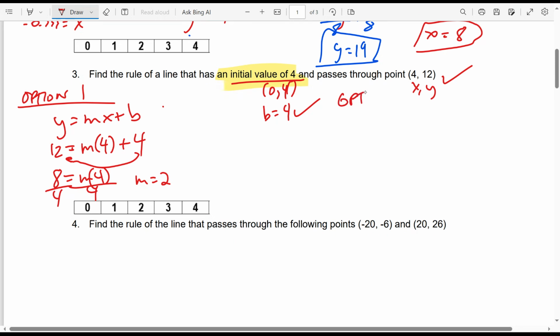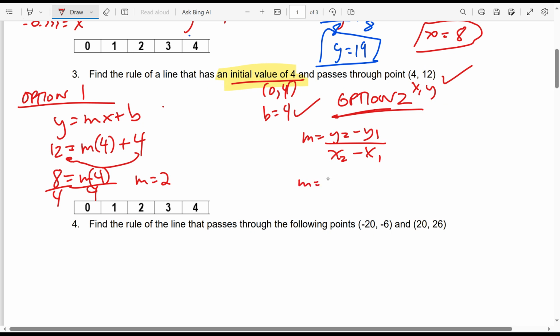I would almost prefer, and I think a lot of you did this, option 2. If you know that initial value is this point right here, and I know that 4 and 12 is a point I have as well, I'm really hoping that this formula comes to mind: y2 minus y1 over x2 minus x1.